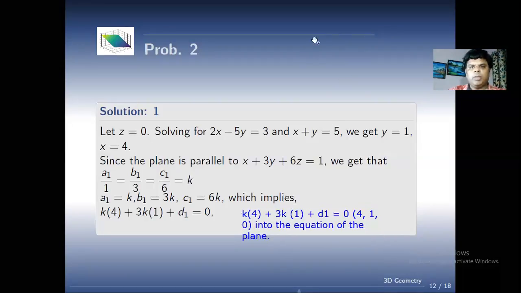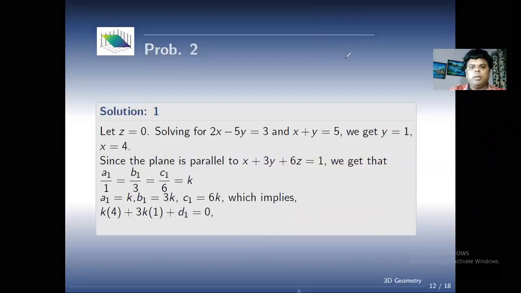All right. So now I'll go ahead and have this and find d1 in terms of k. So this gives me that d1 is equal to minus 7k.